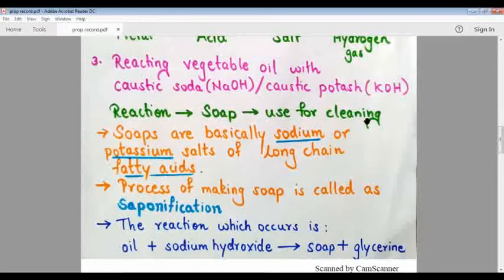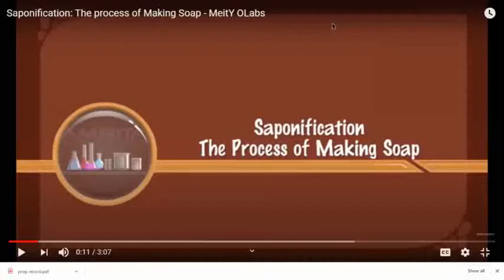Now over here, we will first look at an activity where we will see how soap formation takes place. So here is the video for the saponification process where the soap is formed. Let's look at the video.